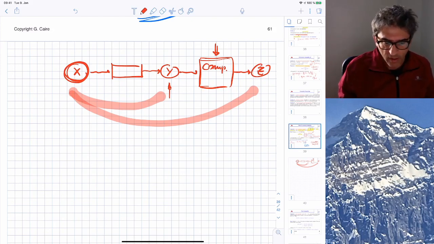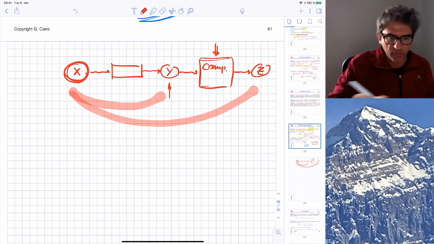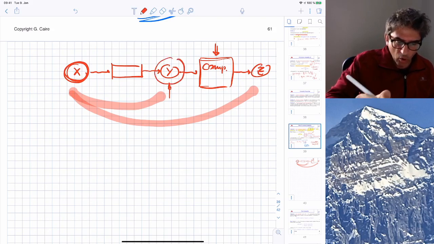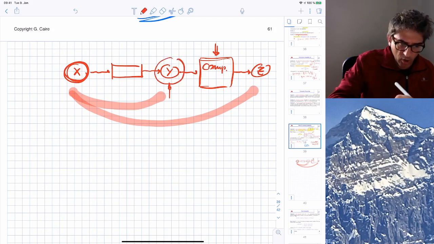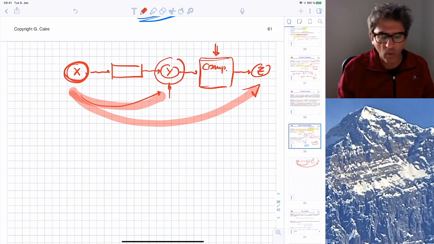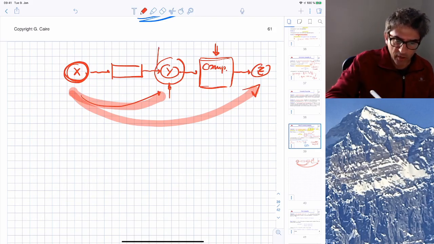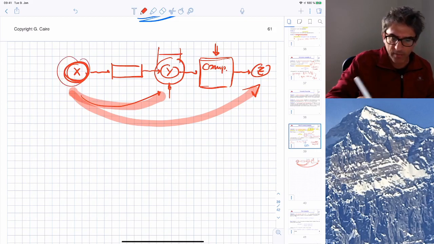And this is a property of the fact that x, y, and z form a Markov chain, because all that we convey from x to z has to go through this sort of bottleneck y. In fact, the Markov chain property says that if we condition on y, the two become independent.